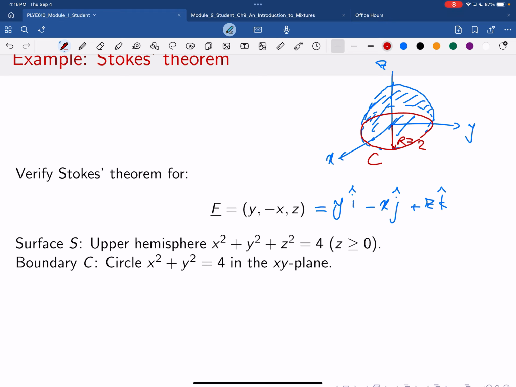Okay, so how should we proceed to verify Stokes' theorem? Basically, the integral on the boundary, on the whole boundary, this circle that we have, is a one-dimensional integral around this contour.